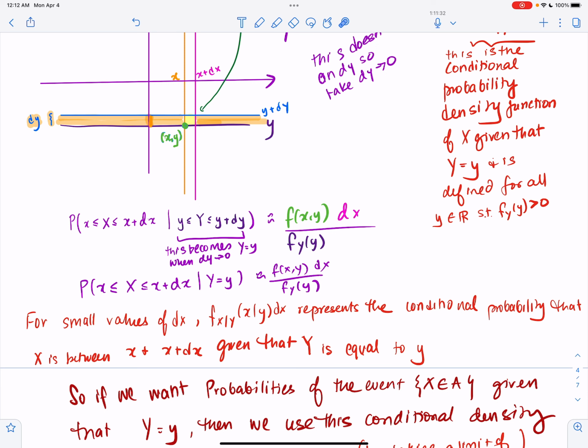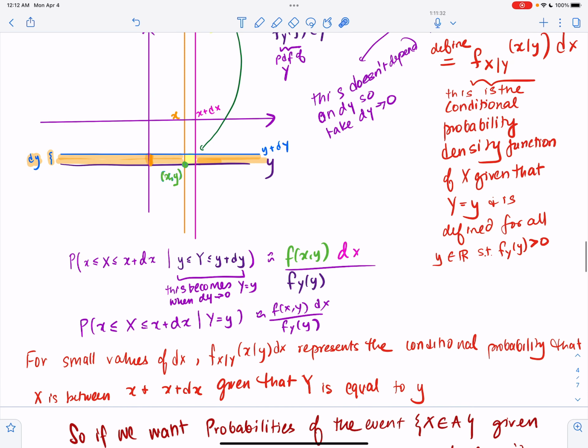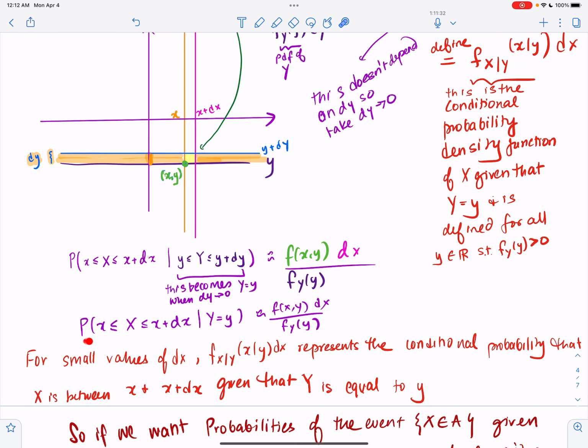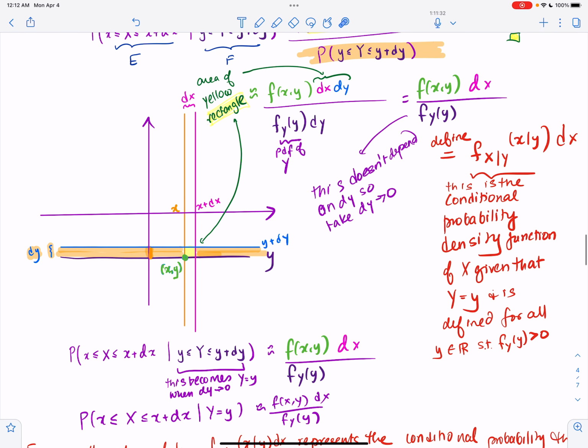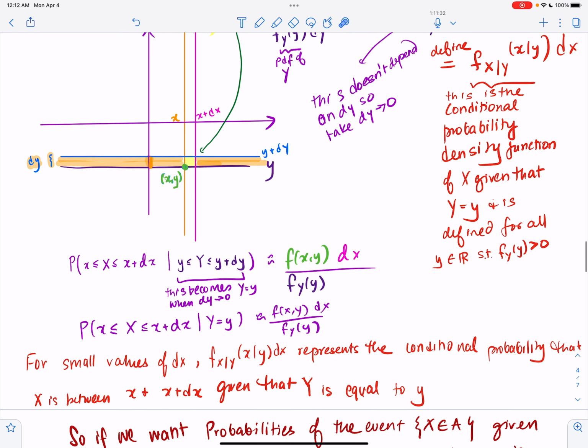Okay? So the reason to talk about all this is to show you the motivation behind defining the conditional density, the probability density of x given y. The density of x given y, that's the random variable you're talking about right here. Okay?